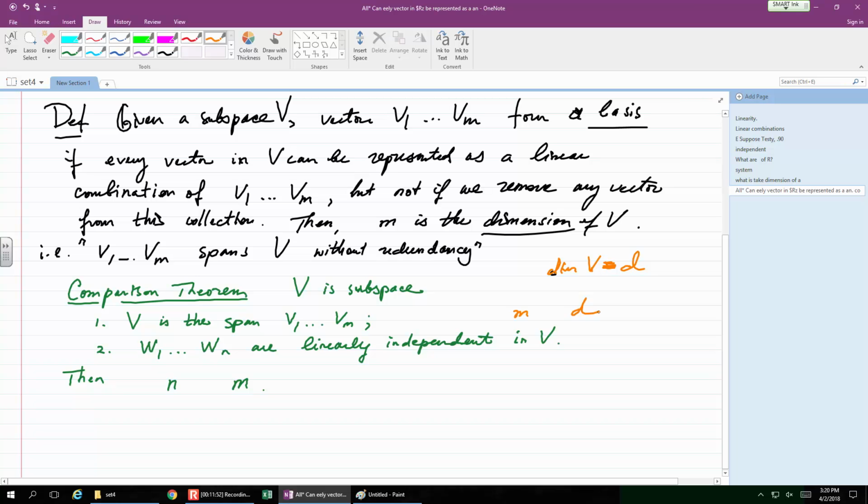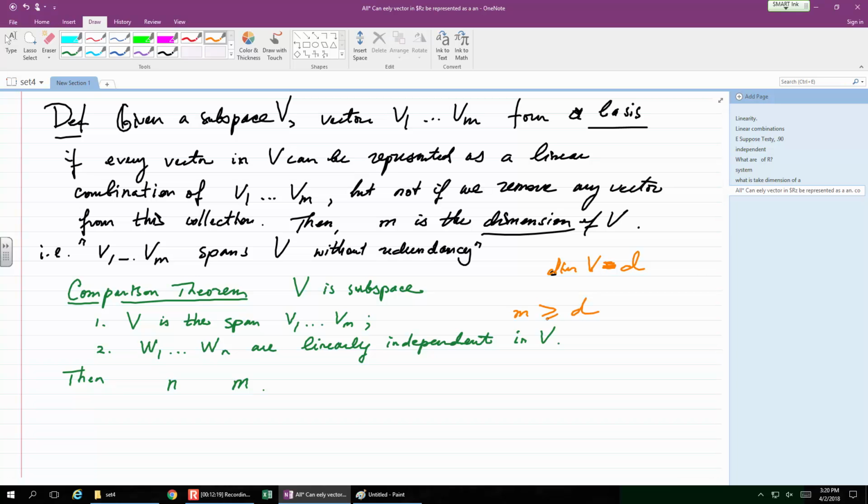Not necessarily the same. Those vectors V1, ..., Vm might be redundant. We are not saying this is a basis. We're only saying that it spans the whole thing. So the condition that it cannot be redundant is omitted. So m could be larger. That is the redundancy. You could have more elements.